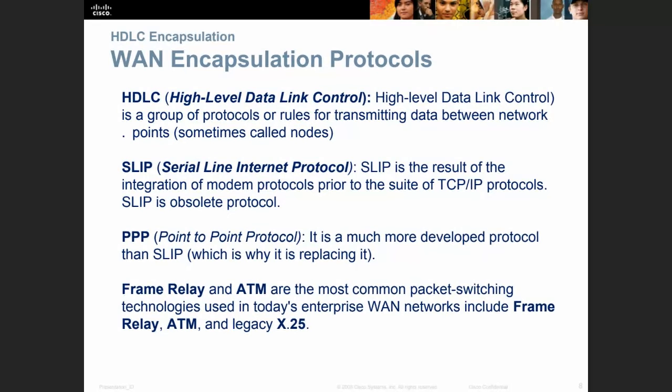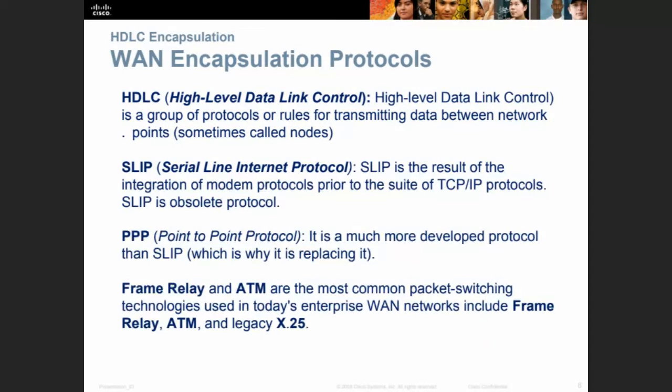PPP is a much more developed protocol than SLIP, and that's why it replaced it. SLIP was there before we started using TCP/IP. Frame Relay and ATM are the most common packet switching technologies. Legacy is X.25.